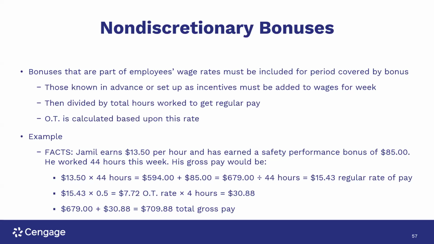And so the total pay is calculated as 13.50 an hour times 44 hours, which is 594, plus 85 is 679, divided by 44 hours, 15.43 regular rate of pay.